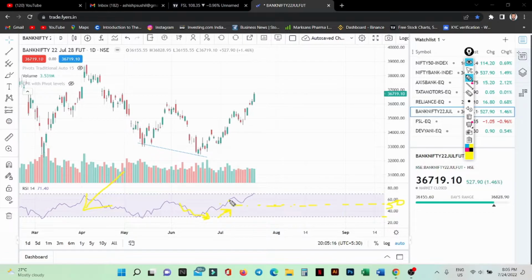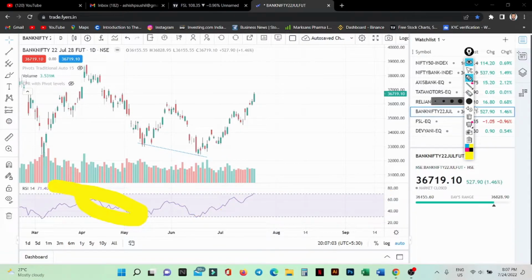And if the market goes above the 80 level or 70 level, we can conclude that the market has been overbought and there could be a potential sell-off, or the market can turn bearish. So these are the main things that give us an understanding about the market with the help of RSI.